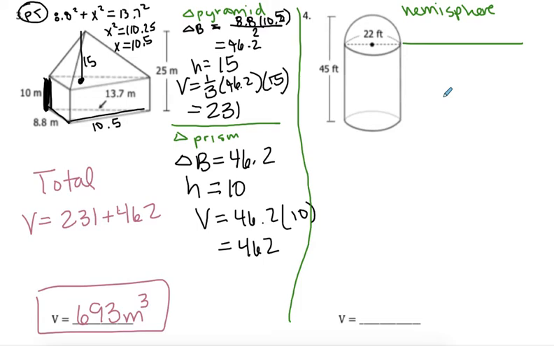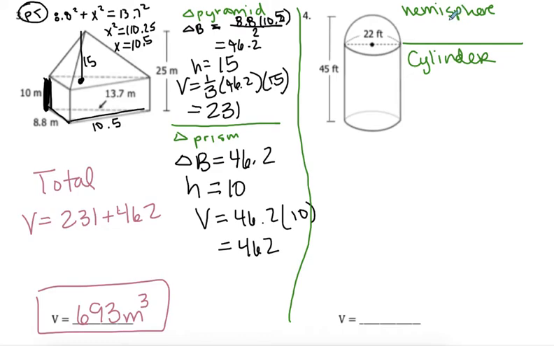And so that's where we live, in the northern hemisphere. And it's not an entire sphere, it's half of it. Just like we have a semicircle, which is half of a circle. We have a hemisphere, which is half of a sphere. All right, and then on the bottom here, I'm seeing a cylinder because I have two bases here.